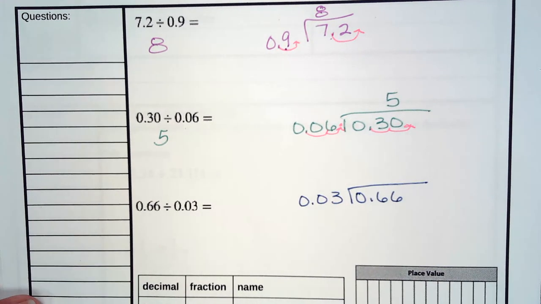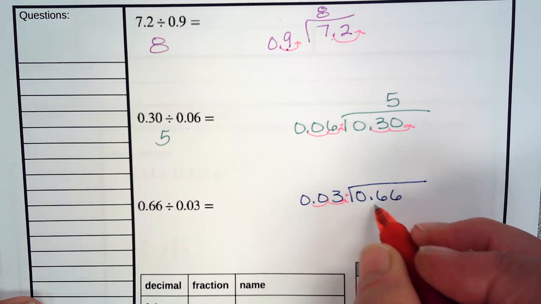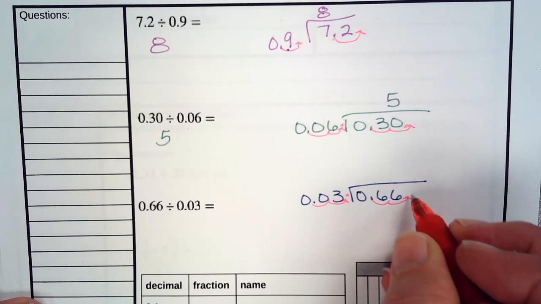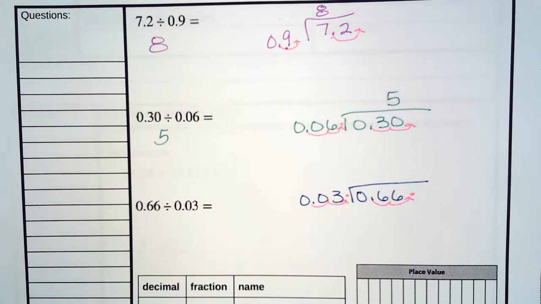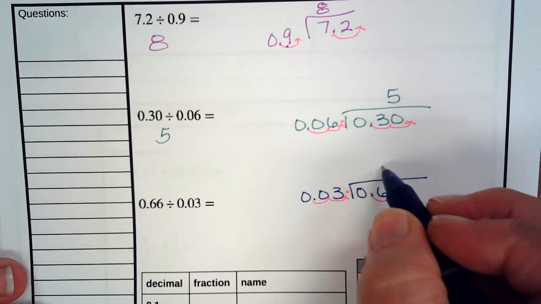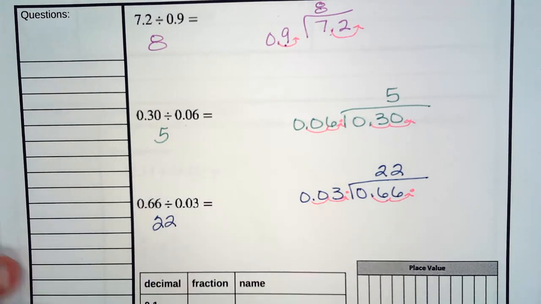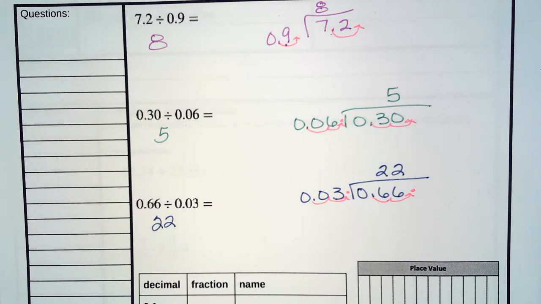Once again, I have to move it over 2 spots. Okay, 66 divided by 3 will give me 22. So as you can see, you've got to move it over to give yourself a whole number to work with. That helps you understand the process a little bit better.